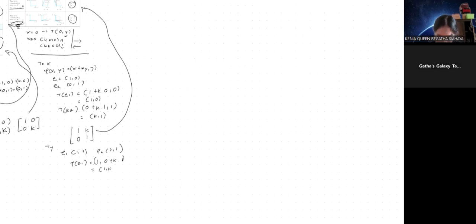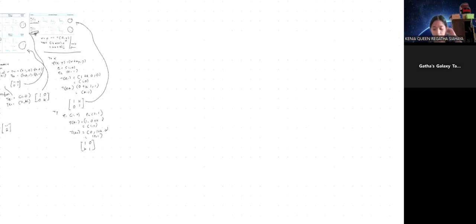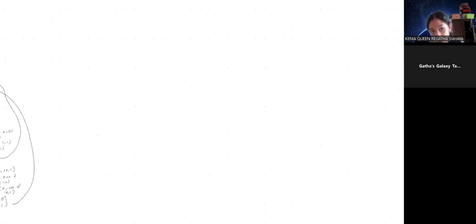And then T(E2) is (0, 1 + k times 0), which we will get (0, 1). And then we will get the standard matrix, which is [1, 0; k, 1], just like this.